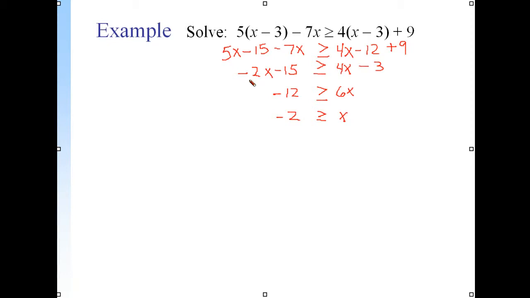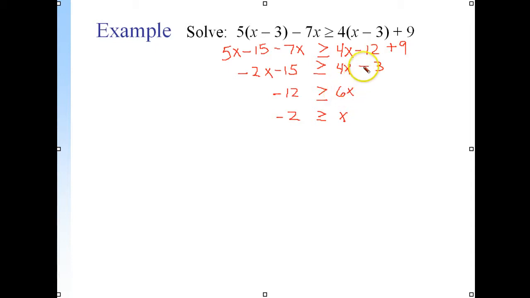Okay, because it's positive. So I'm going to distribute. I get this. I'm going to combine like terms. I get this. And I'm going to transpose the negative 2x to this side. Becomes a positive 2x. That gives me my 6x.